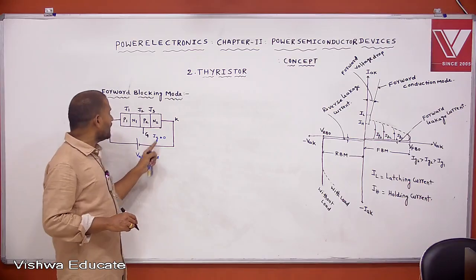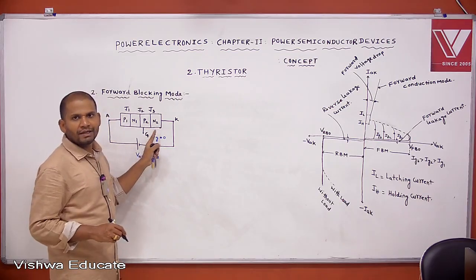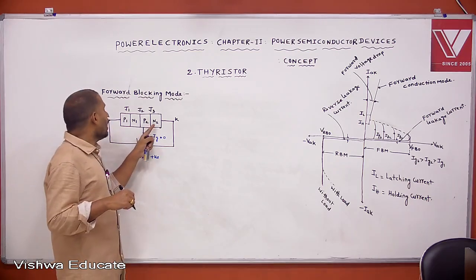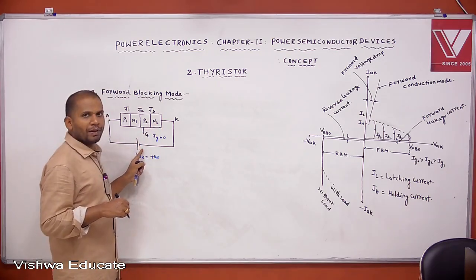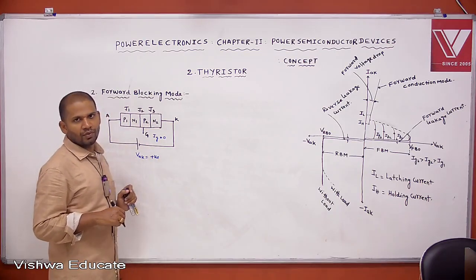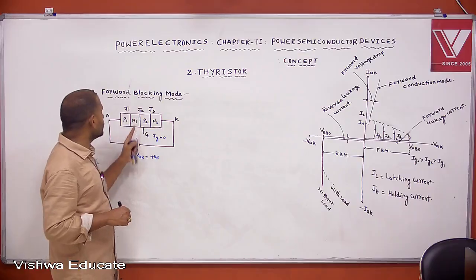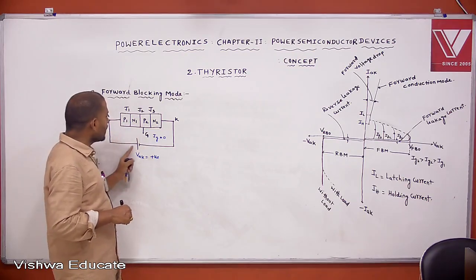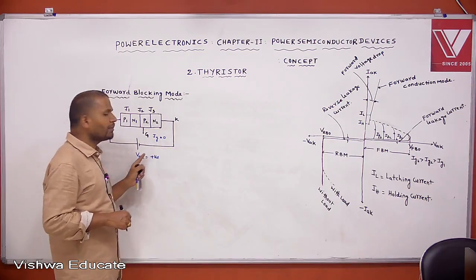Negative plate is connected to N2. Because of that, the majority carriers in the N2 layer are electrons. All these electrons are repelled from the negative plate, crossing the J3 junction. Then J3 is forward bias. But what about J2? Because of this potential, electrons are attracted to the positive plate and holes are attracted to the negative plate.